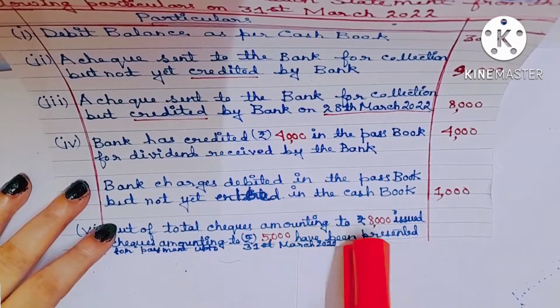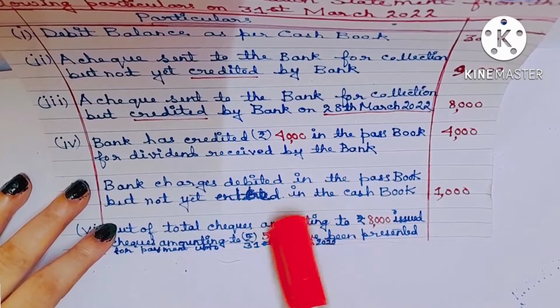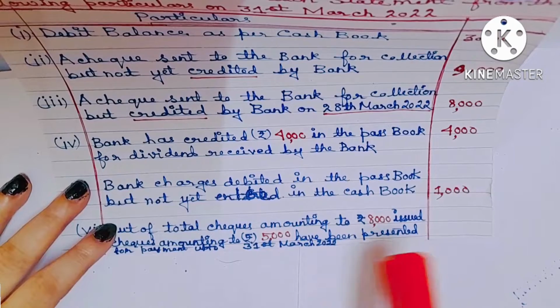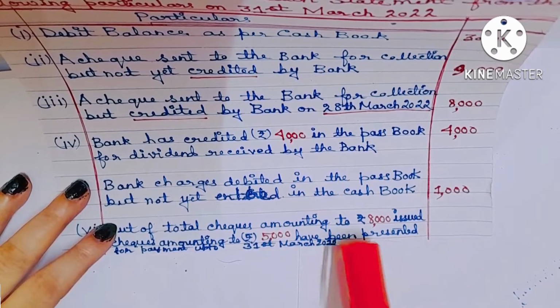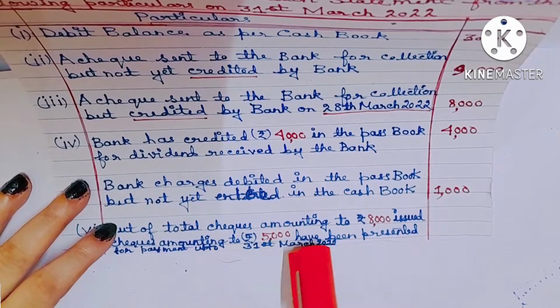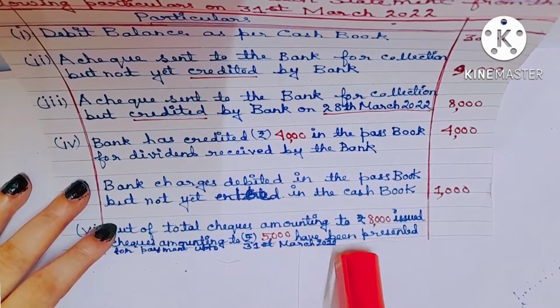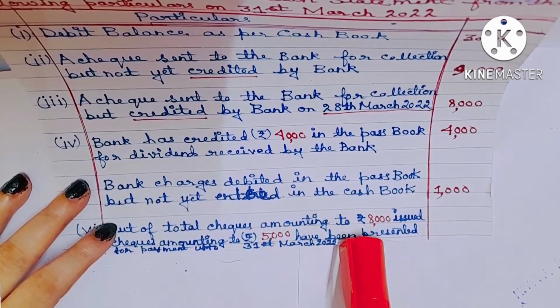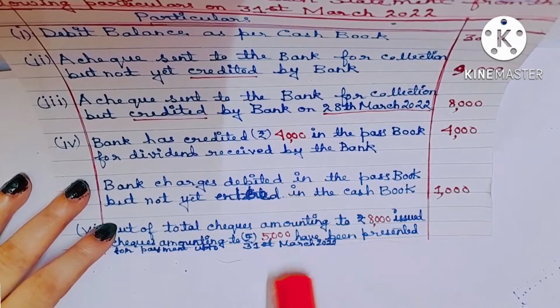That means 5000 has been deducted in the passbook. But what about rupees 3000? The check amounting to rupees 3000 has not been presented within 31st March 2022. That means the bank has not deducted rupees 3000.